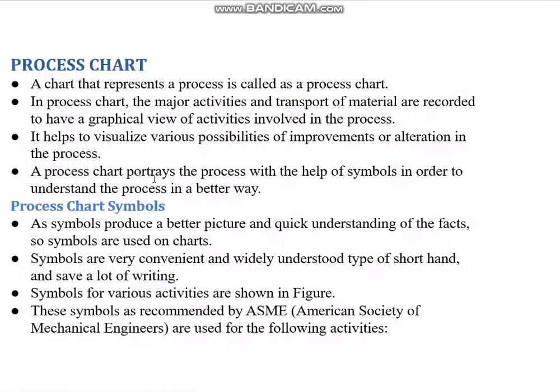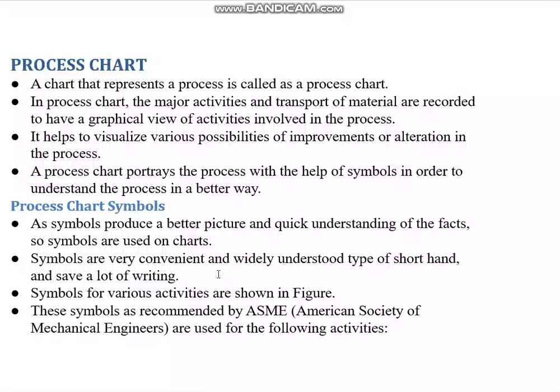A process chart portrays the process with the help of symbols in order to understand the process in a better way. So when we are using a graphical form, we need some symbols to represent it. So what are those symbols? Process chart symbols, let us see. As symbols produce a better picture and quick understanding of the facts, symbols are used for charts. Symbols are very convenient and widely understood, like a shorthand.